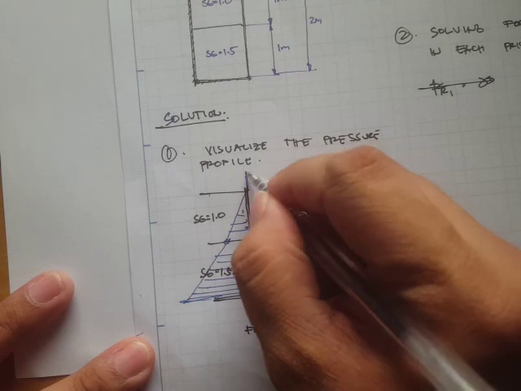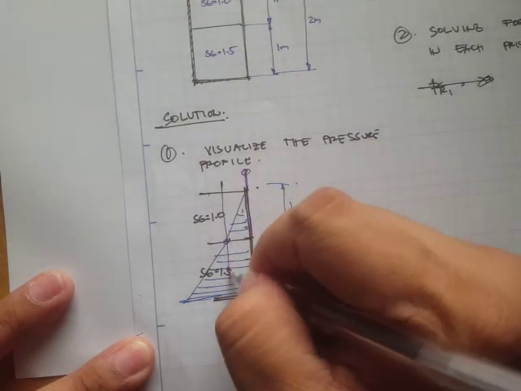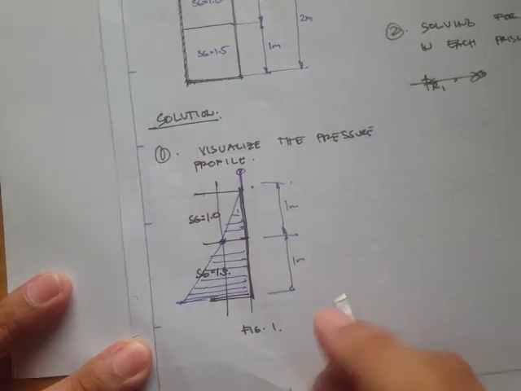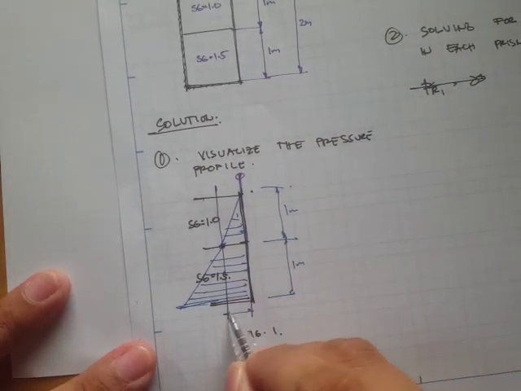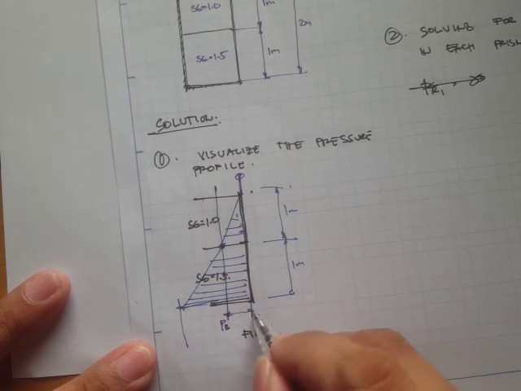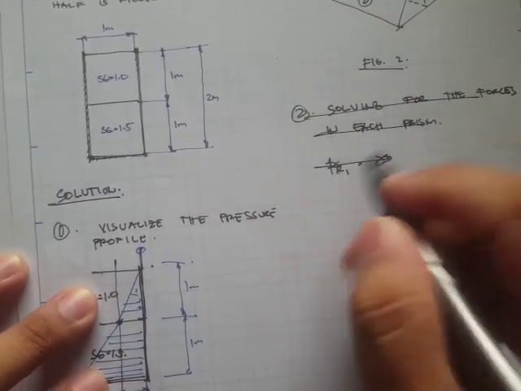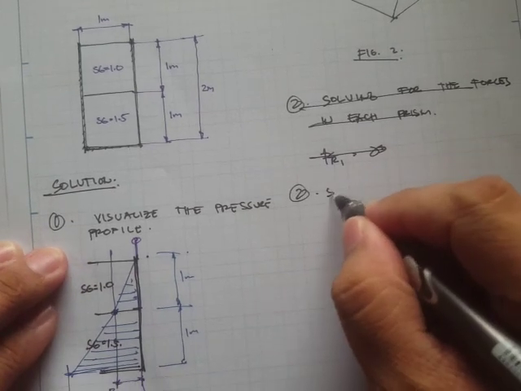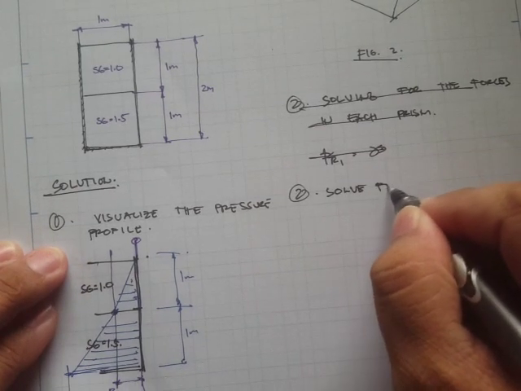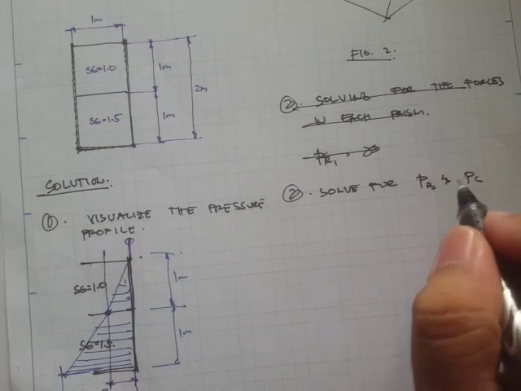If this is 0, then the pressure at this point would be, let's say, P sub B, and the pressure at this point would be, let's say, P sub C. So let's solve for PB and PC.